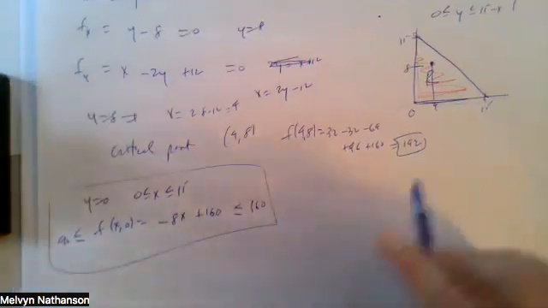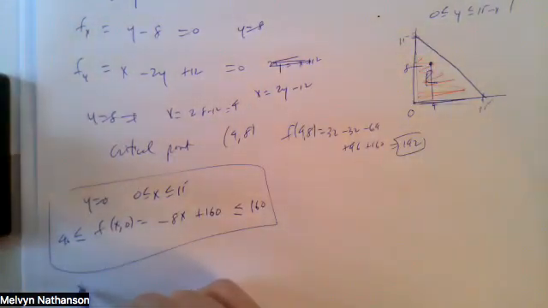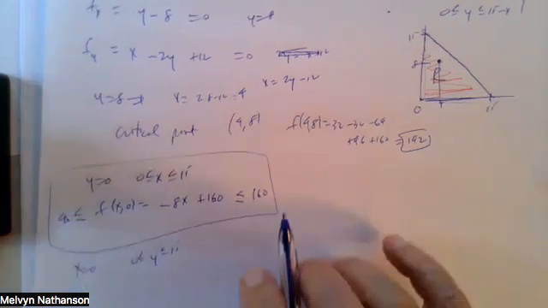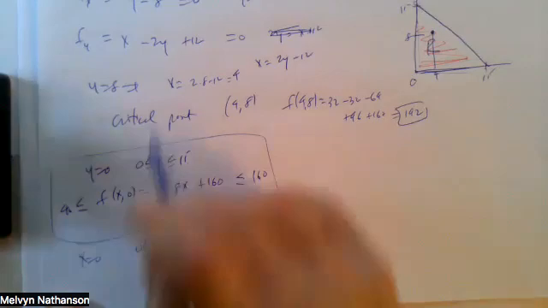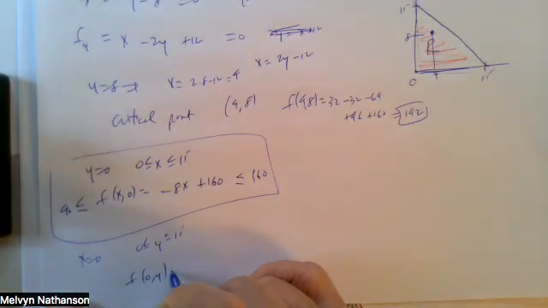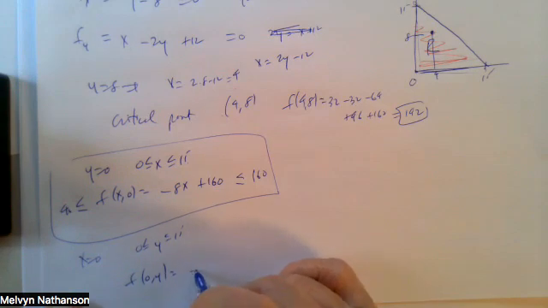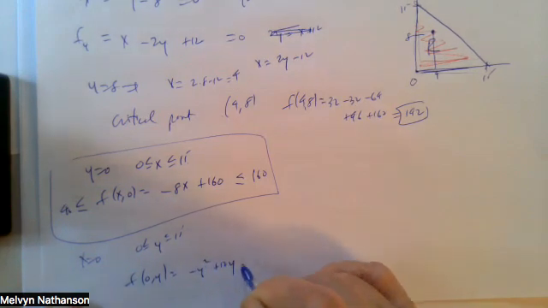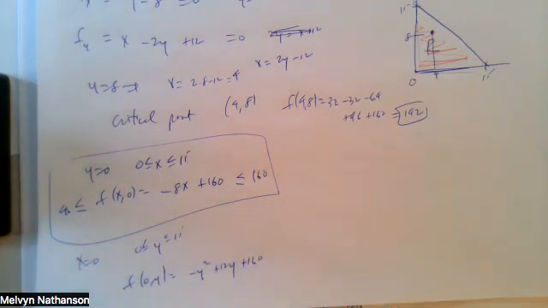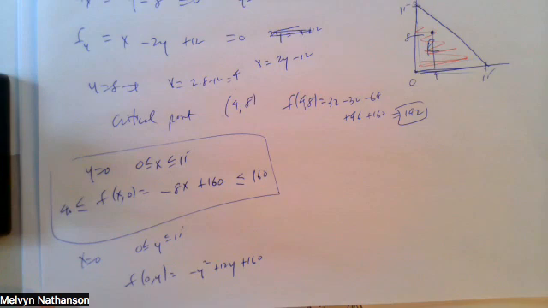The second line is when x is 0 and y goes from 0 to 15. When x is 0, my function f of 0, y is minus y squared plus 12y plus 160.